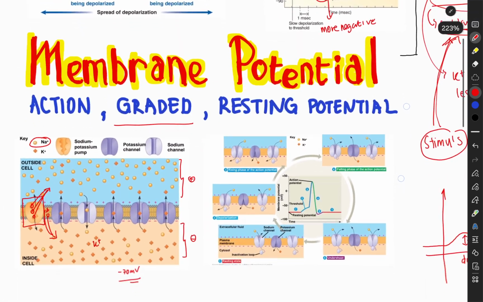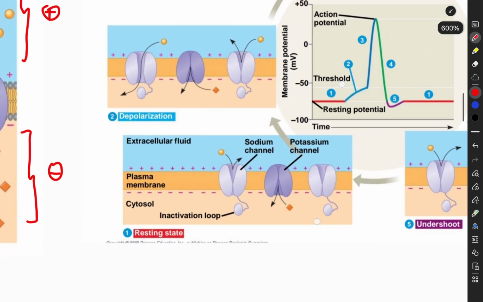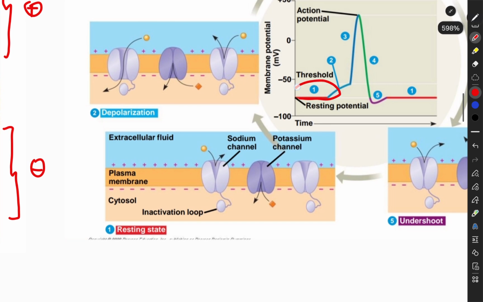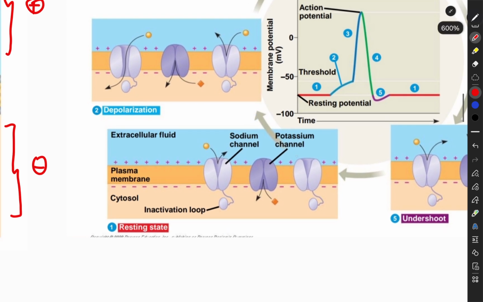And that is an action potential. Looking closer, first, this is the resting state. At the resting state, the sodium channel and the potassium channel are closed, so nothing can go in or out through these channels.